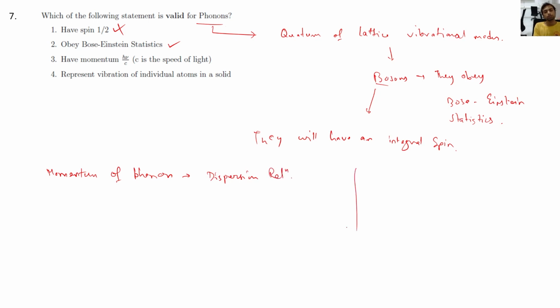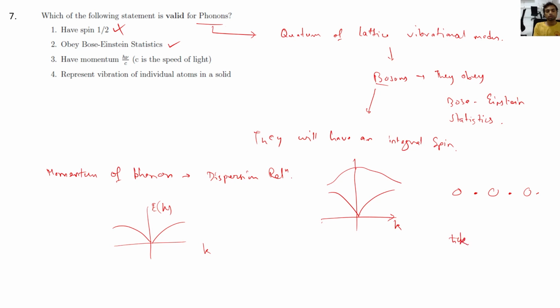If I want to plot it for a 2 dimensional lattice, it will have some kind of relation, or for a 1D lattice with just a single type of atom, it will have this kind of relation. This is k and this is E of k. This k represents the momentum, where momentum is equal to h bar k.